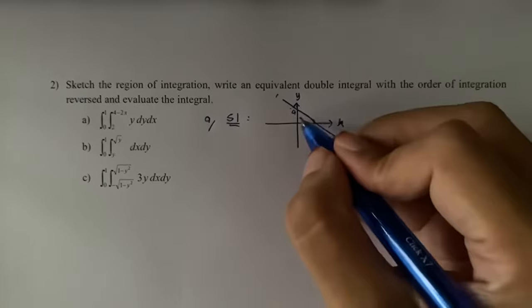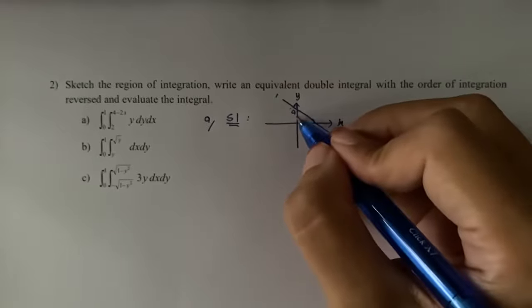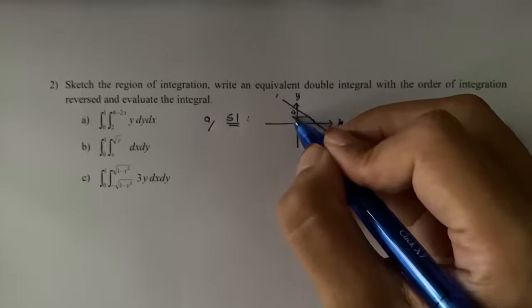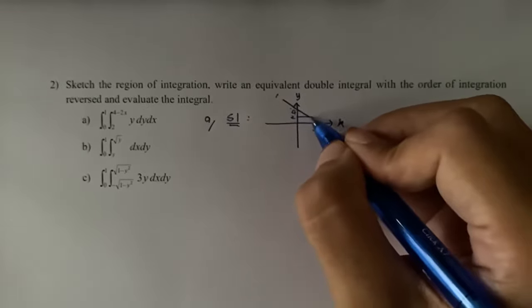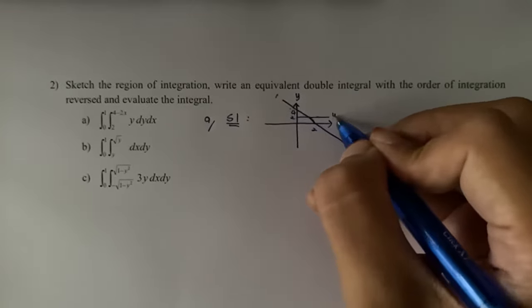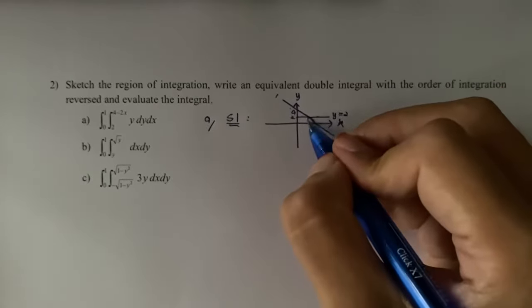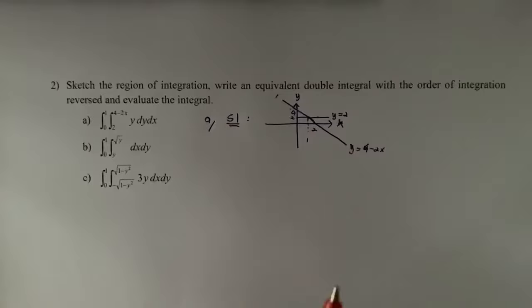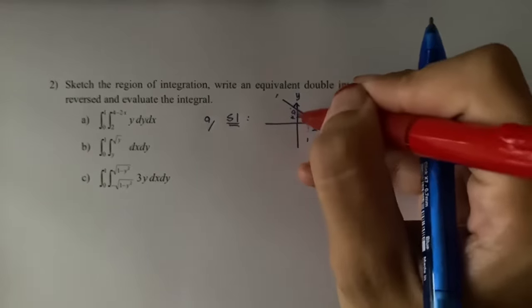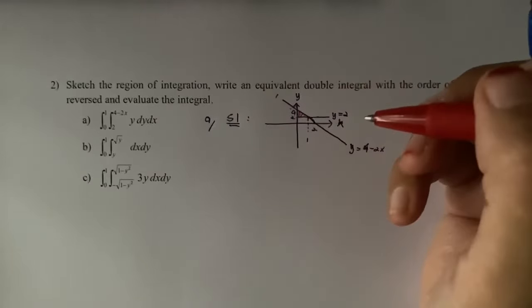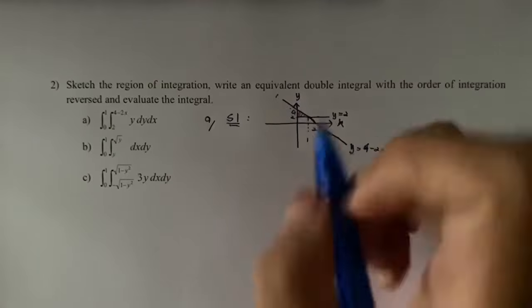And then the lower limit for y is 2. So this is y equal to 2. And this is x equal to 1. So the region is here. This is the region.